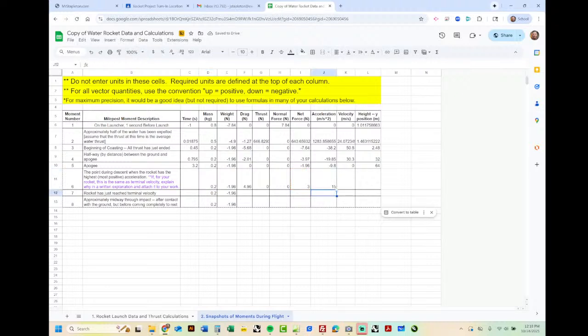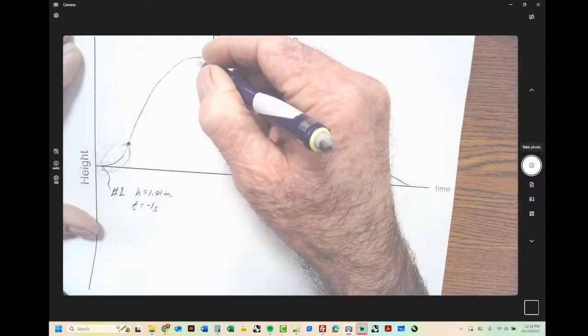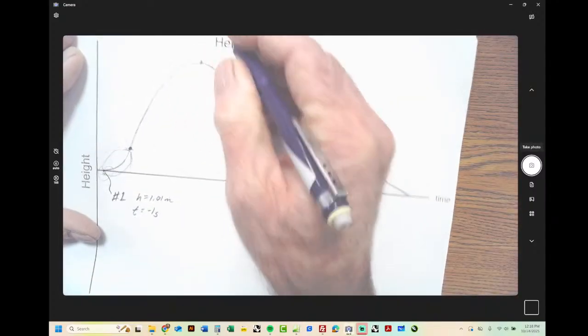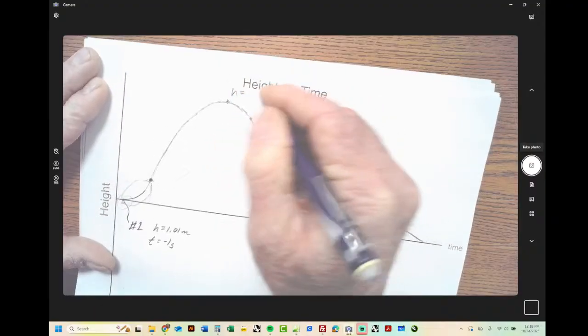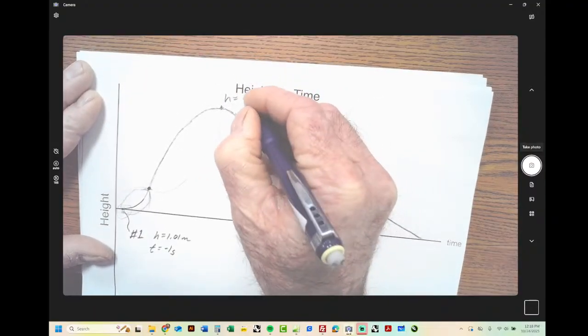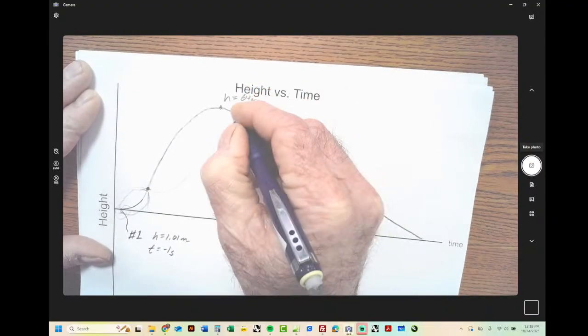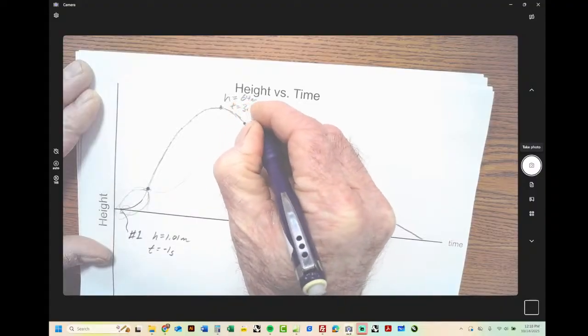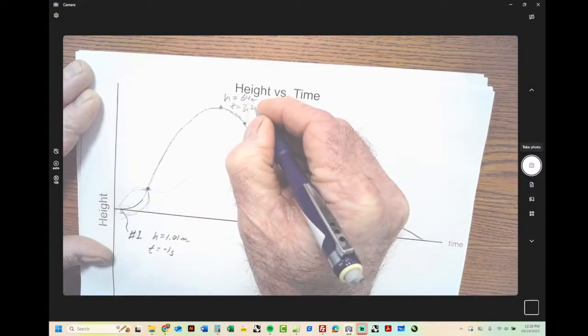The velocity at this point and the height at this point, you just need to come up with something reasonable. For me, this height, apogee, was 64 meters, and the time at apogee was 3.2 seconds.